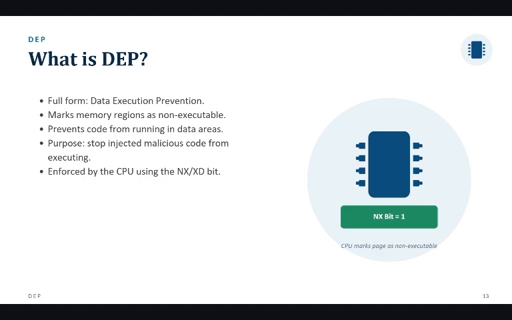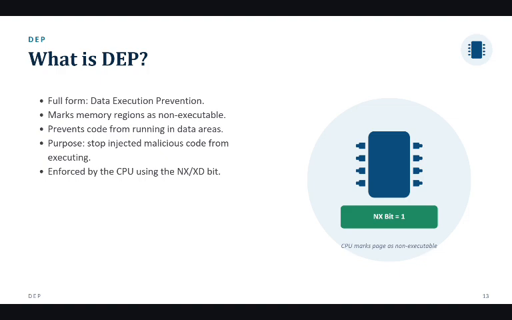Now we have our second defense, DEP, which stands for Data Execution Prevention. Where ASLR hides where things are, DEP controls what can run. It marks certain memory regions as non-executable, which prevents injected code from running in areas meant only to hold data.